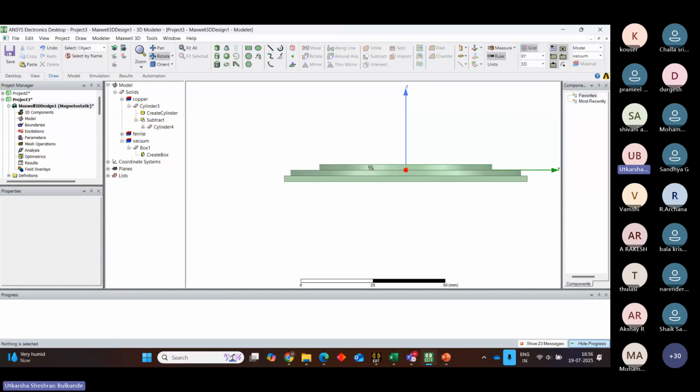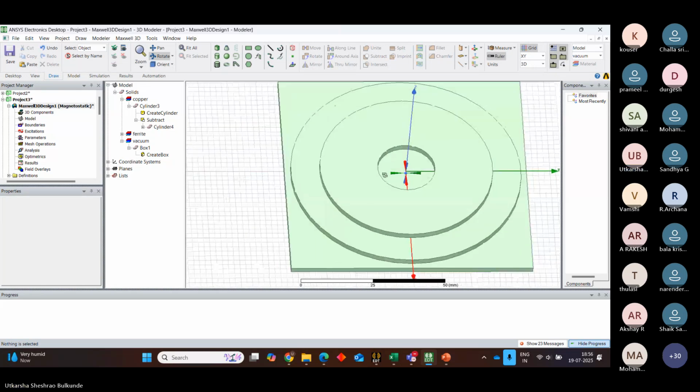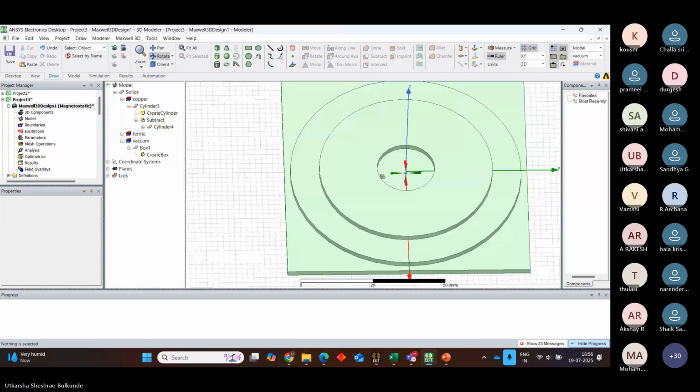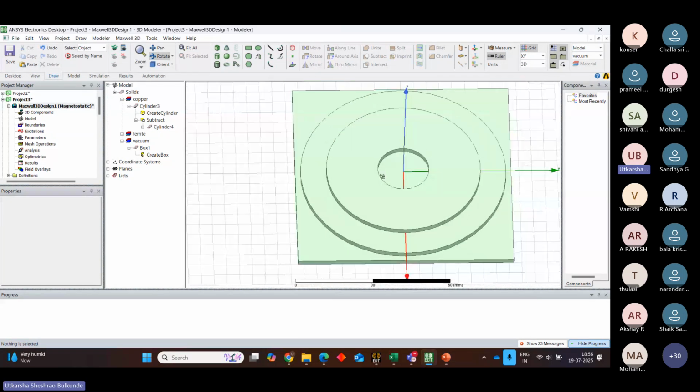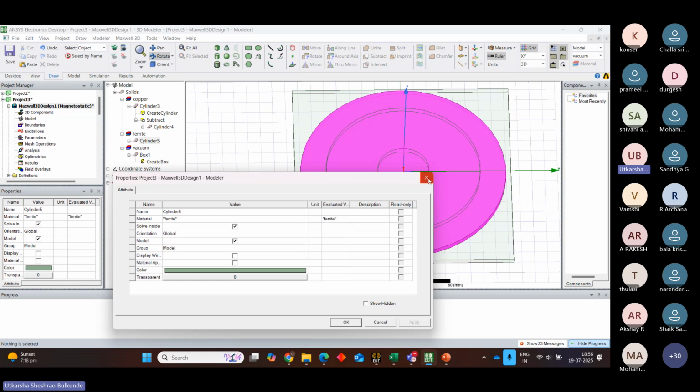So this is your copper plate, this is your ferrite, and this is your aluminum. Can you see? The dimension of your ferrite should be more than your coil, and the dimension of your aluminum should be more than your ferrite. Okay. Ferrite you can make somewhat smaller also. It's too big.